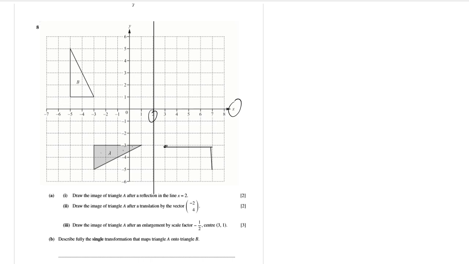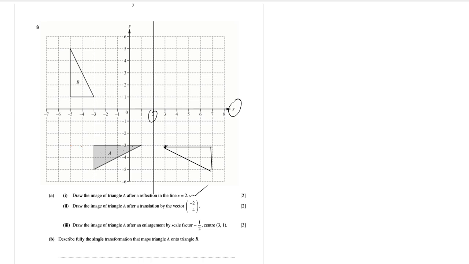And 1, 2. This is your reflection. Done.